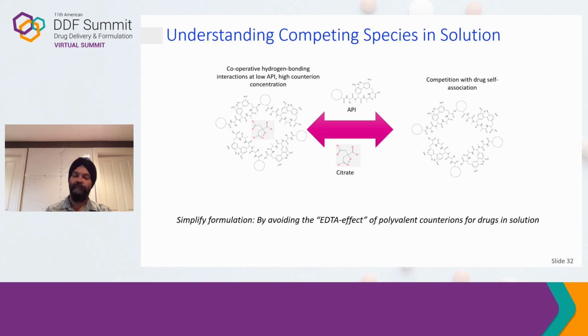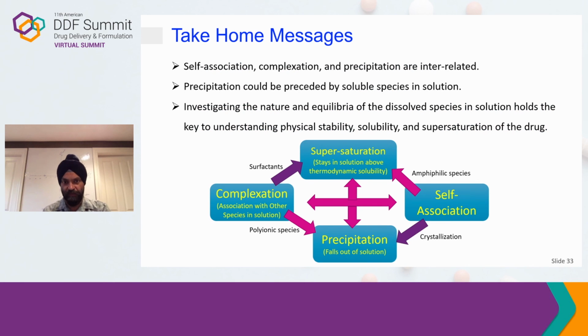So this kind of precipitation behavior, even though difficult to observe initially, and it's a stability behavior, is really driven by what's happening in solution. Again, the take-home message is this schematic I'm showing at the bottom, the self-association versus the complexation behavior, driving supersaturation versus precipitation. Very clearly evident in the last case study, the middle cross that we see here.